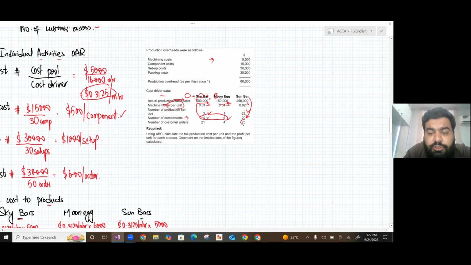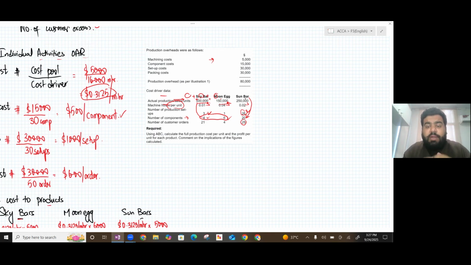Number of customer orders is much higher, and number of production setups is much higher than other products. So it means the product with a higher basis will get higher cost.